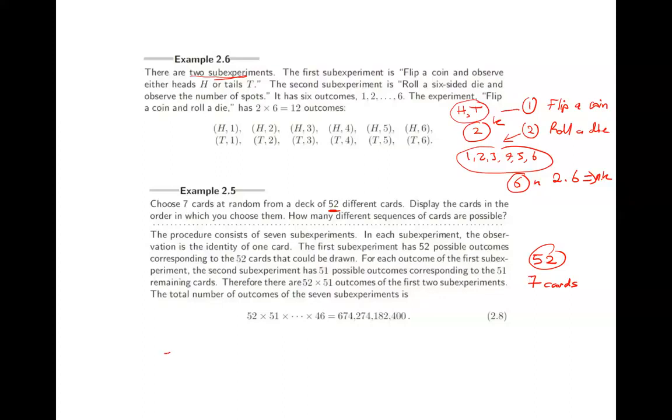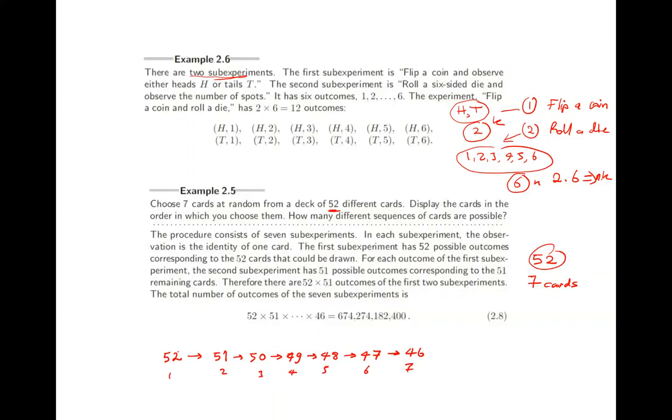Let's say we have 52 cards and I choose one, then there are going to be 51 cards. I choose another one, there are going to be 50 cards. And then 49, 48, 47, and 46. So I choose 1, 2, 3, 4, 5, 6, and 7.